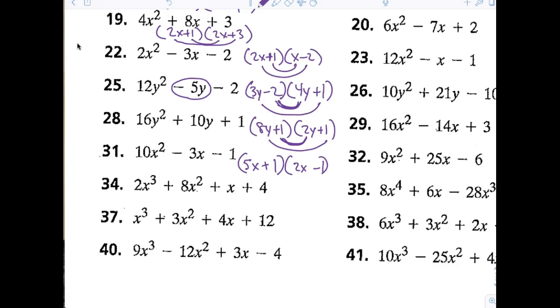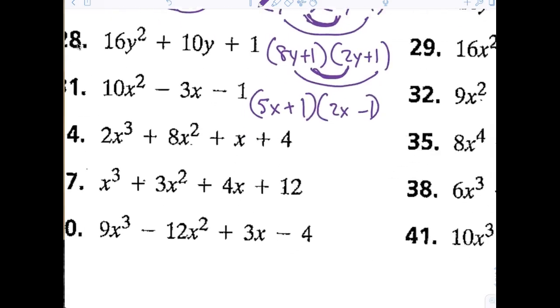All right, let's talk about 34. Put a little star by this one. What can I factor out first? 2x to the power of 2.